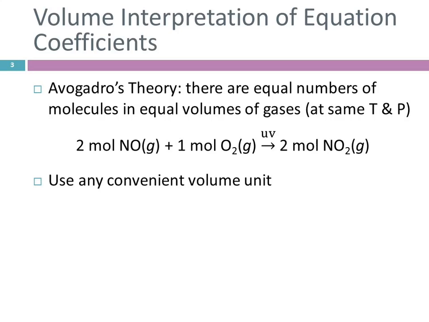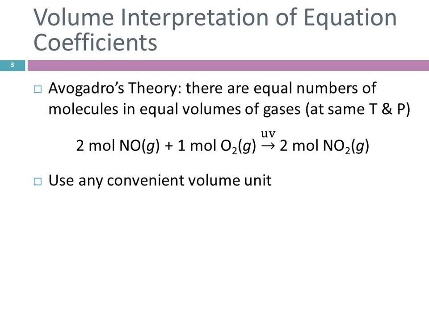We can also have a volume interpretation of equation coefficients, and this applies to gases only. Avogadro's theory was that there are equal numbers of molecules in equal volumes of gases, provided that the temperature and the pressure are the same.